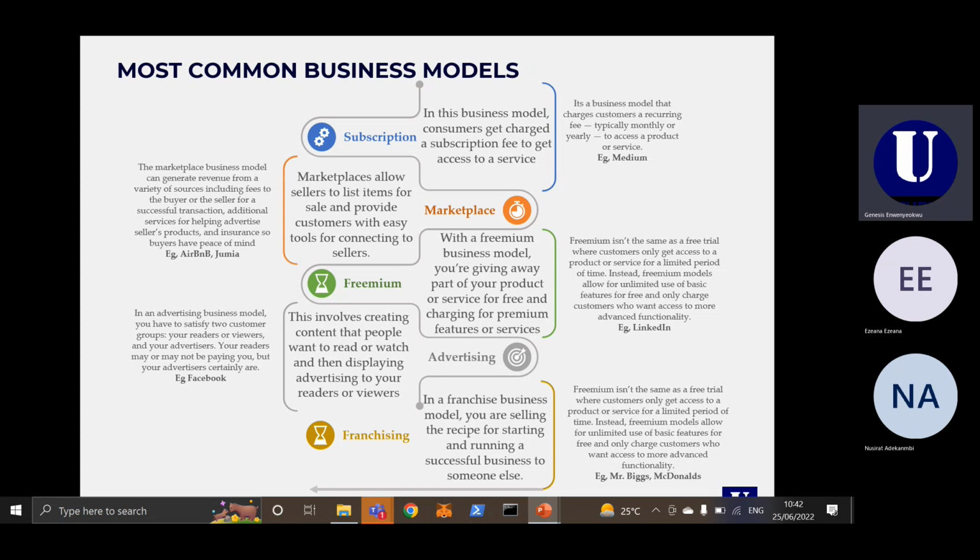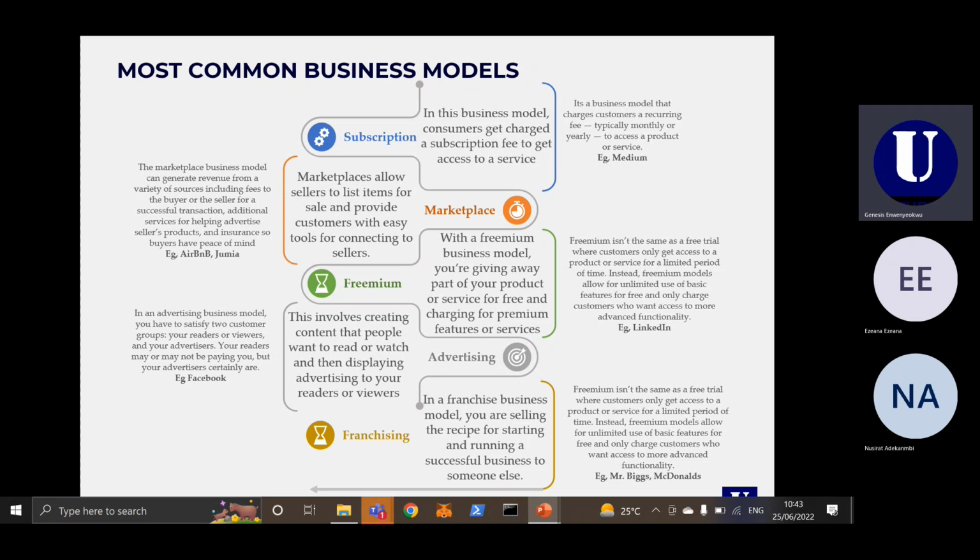Now, another business model is the marketplace business model. This basically allows sellers to list items for sale and provides customers with easy tools for connecting with sellers. A good example of a company that uses marketplace business model is Jumia, Amazon, Alibaba, AliExpress.